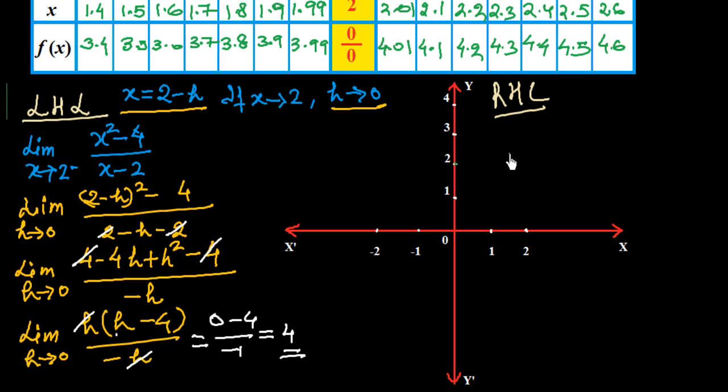So for this, what we have to take, x is equal to 2 plus h. It means if x tends to 2, then h tends to 0 here also. So now we can put here limit x tends to 2 positive. It is from the right side, so we put here a positive sign. Here I am just putting x square minus 4 over x minus 2.